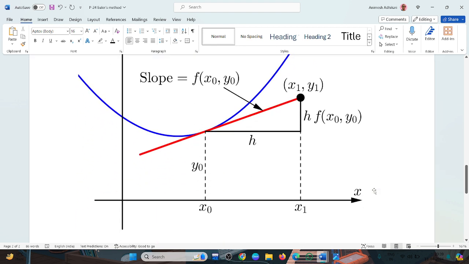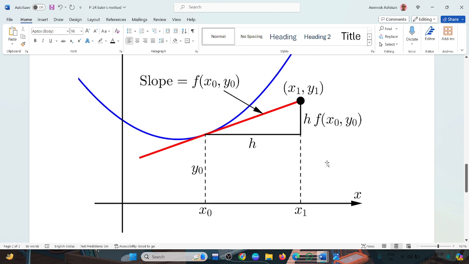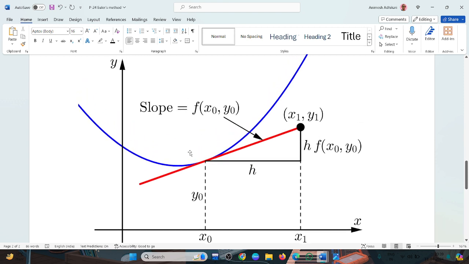And this is the geometrical significance of this interpretation of Euler's method. This is the curve y equal to f(x,y) in blue color, and this is the point. This point is x0, and this height is y0. So this point is (x0, y0), and this is the step length h. So this point is x1, and at this point y'(x0) is the slope of this curve at this point (x0, y0), and this point is (x1, y1).